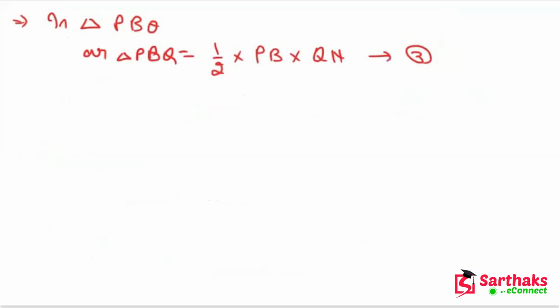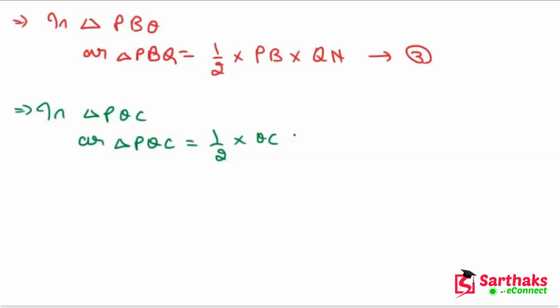So in triangle PQC, the area of triangle PQC is equal to half into QC into height PM. So this is our fourth equation. I hope you understand how to find the area of these triangles.